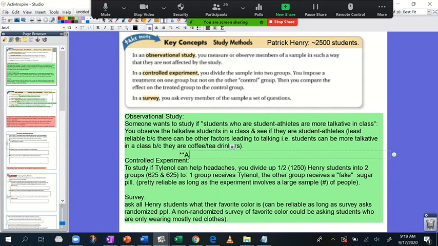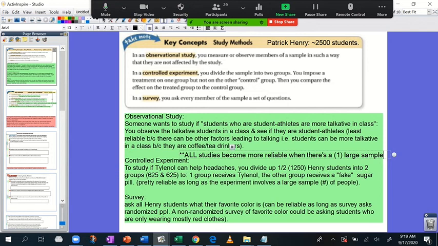All studies become more reliable when there's a large sample.